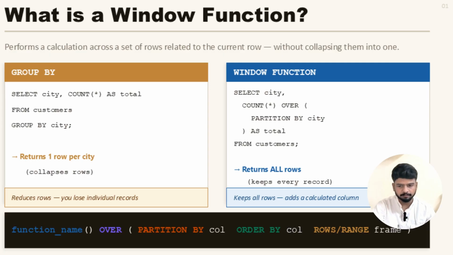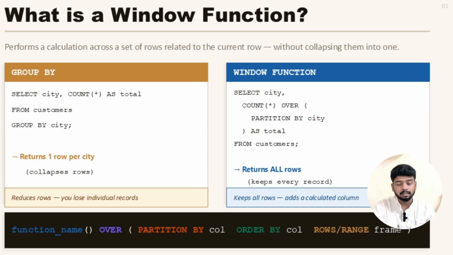Now if you look at the window function side, it is completely different. Every row stays. What you get is a new column, a calculated value based on the surrounding rows, added to each row. There is no collapse. That's what window functions do.